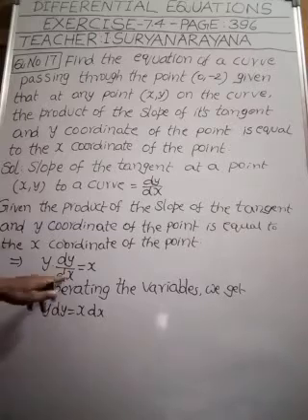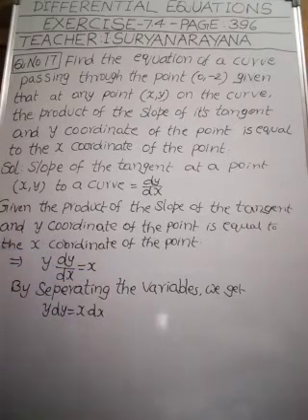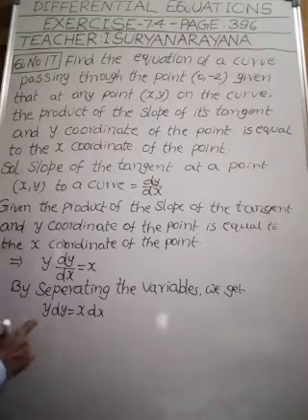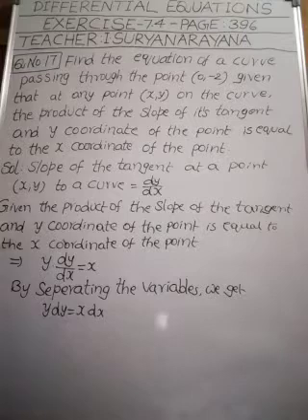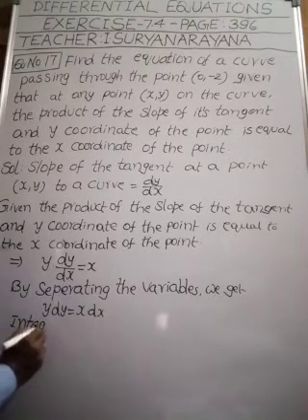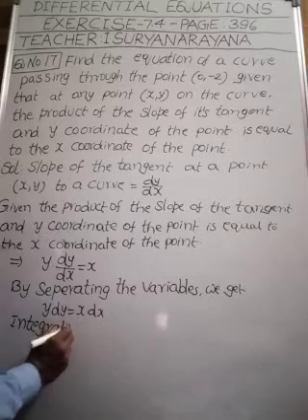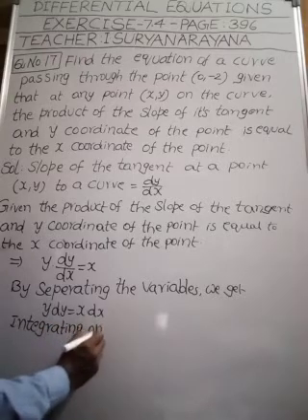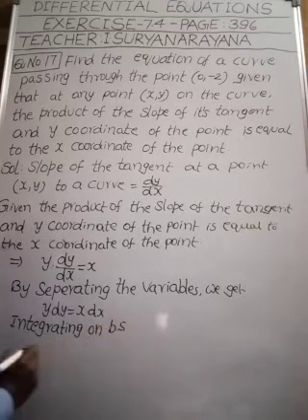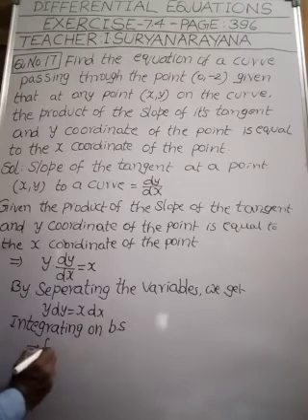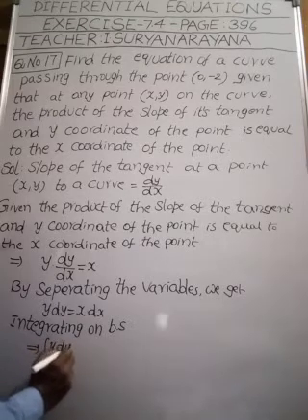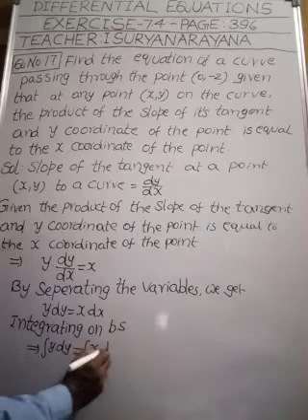We transpose dx to that side. Okay, my children, understood this point? Right. Now after separating the variables, what should we do? Integrating on both sides. Yes or no, my children? So integrating on both sides, this implies integral y dy is equal to integral x dx.